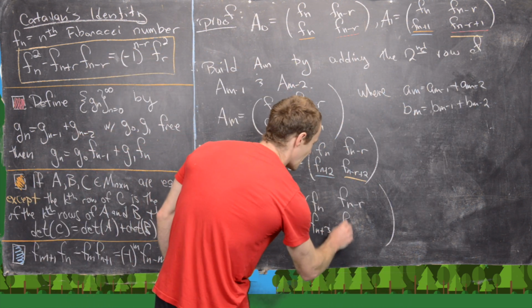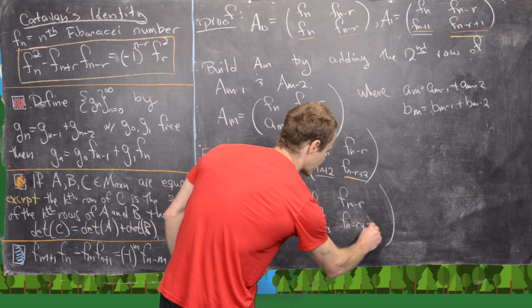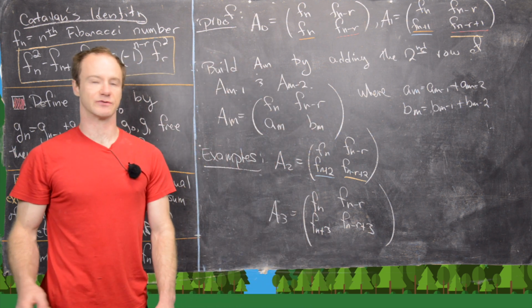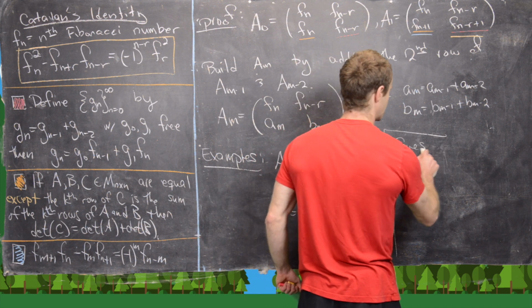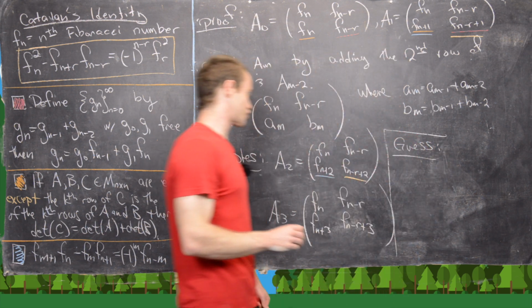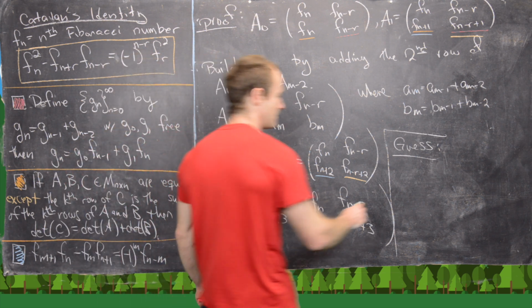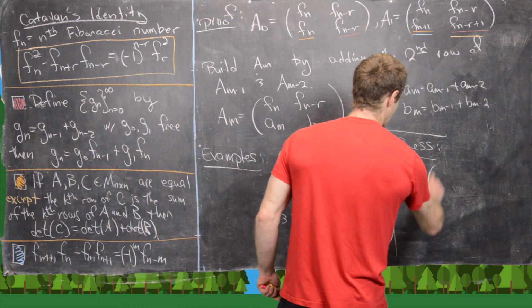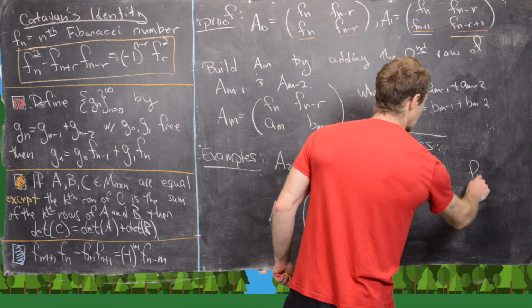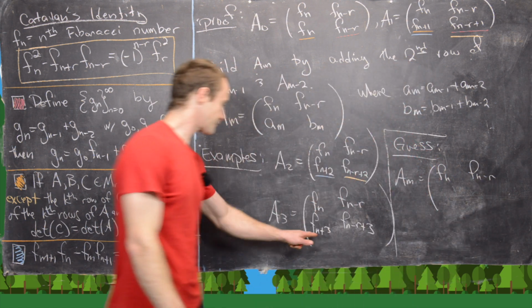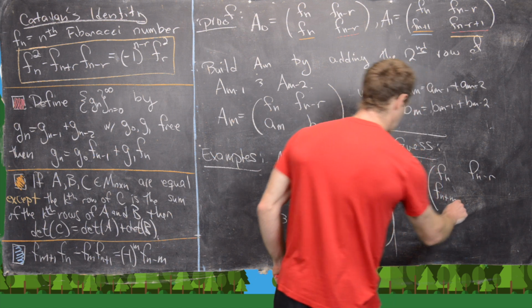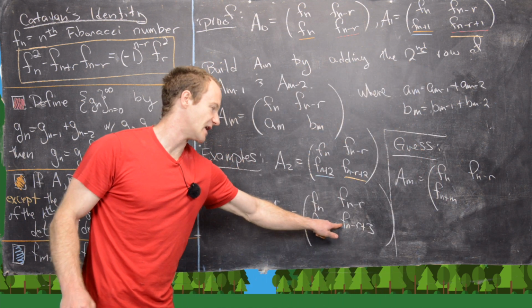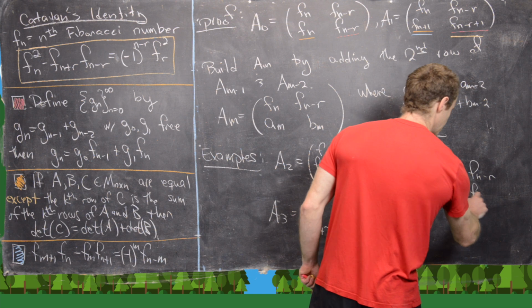So that's going to be F_{n-r+3} by the Fibonacci recursion. So that gives us a guess for the structure of A_m, and that should be pretty obvious. So we have F_n, F_{n-r}, and we're going to have F_{n+m} here, and here we're going to have F_{n-r+m}.